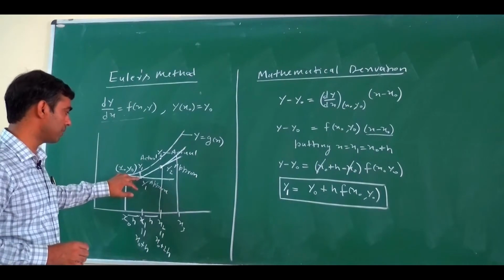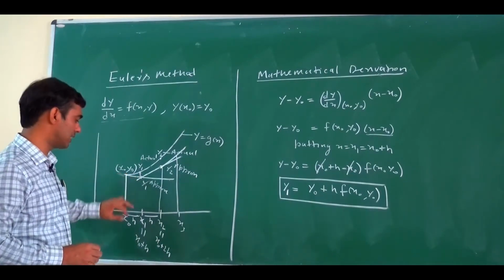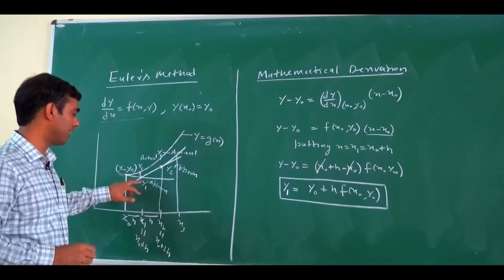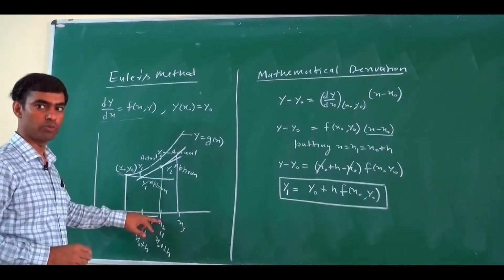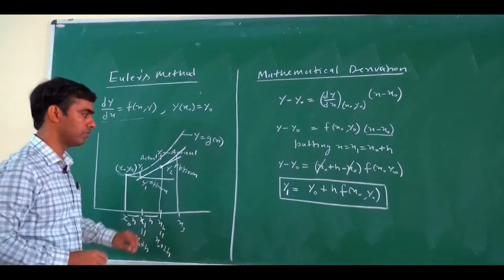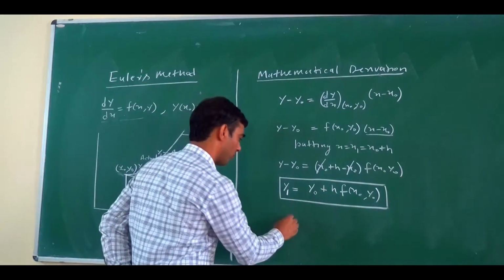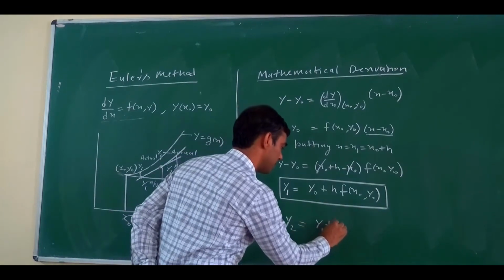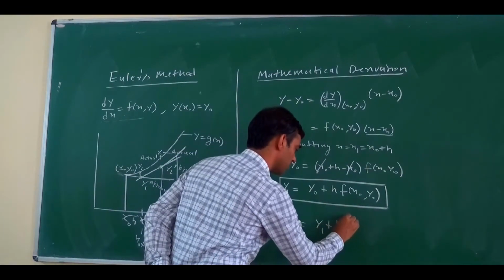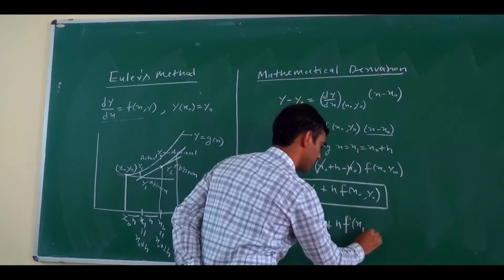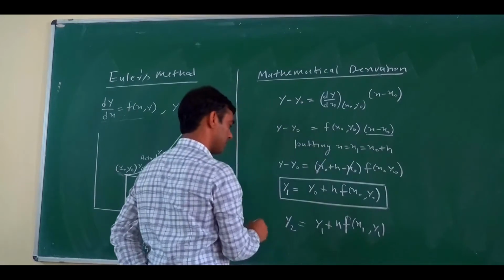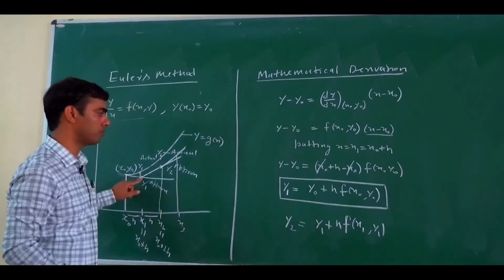Now again, in a similar manner, we have two points x1 and y1. We draw the tangent at this point and put x equal to x2. Then we find y2 equals y1 plus h f of (x1, y1). So this one is the approximate value of y2.